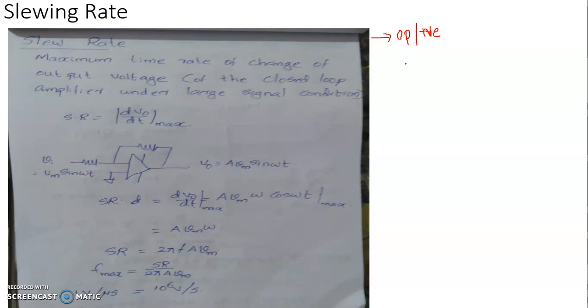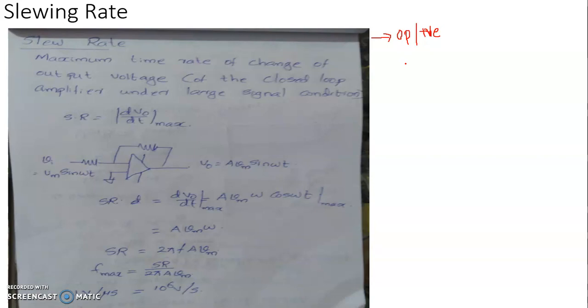This means that such a configuration of op-amp will be capable of performing faithful amplification provided the output voltage swing in both the positive half and the negative half is 10 volt maximum, or the peak value of output voltage must be 10 volt.